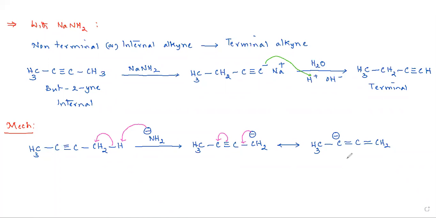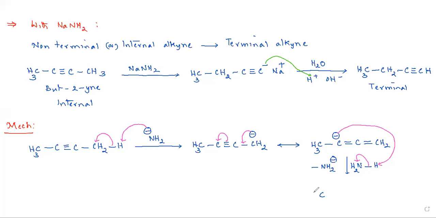Now, here, let me consider ammonia. We have sodium in liquid ammonia, right? This minus takes away H plus, and this again becomes NH2 minus. Let us write it minus NH2 minus.